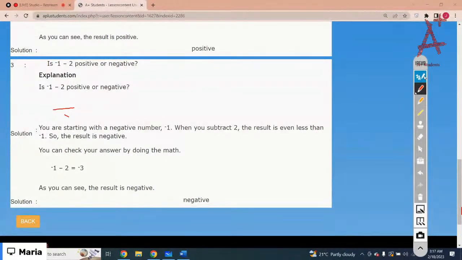Both the numbers are negative, so the answer must be negative. Negative numbers are smaller than positive numbers, so if from a negative number you subtract again, the answer is even less than negative 1. That is the simple way to say it. Got it?